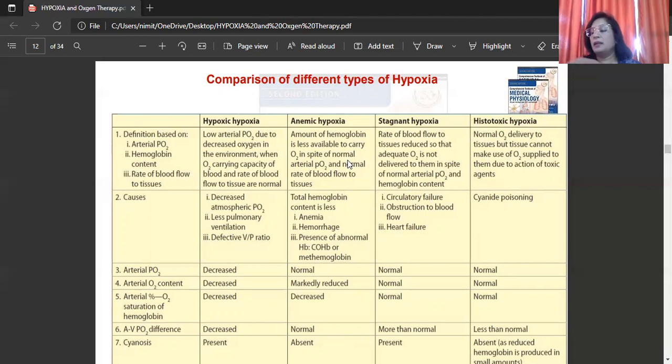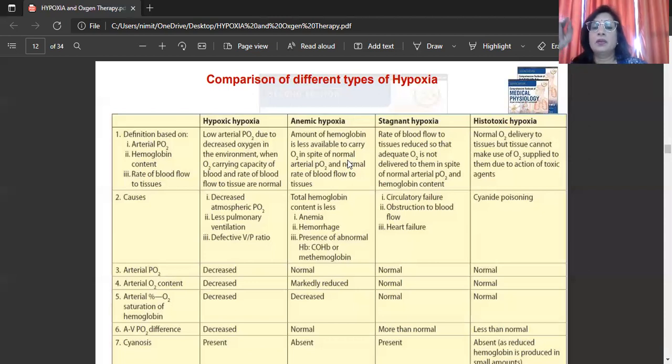As the name tells, the rate of blood flow to the tissues is reduced, so that adequate oxygen is not delivered to them in spite of normal arterial PO2.